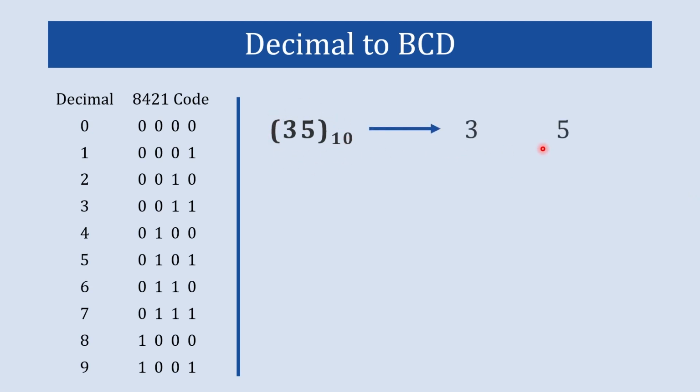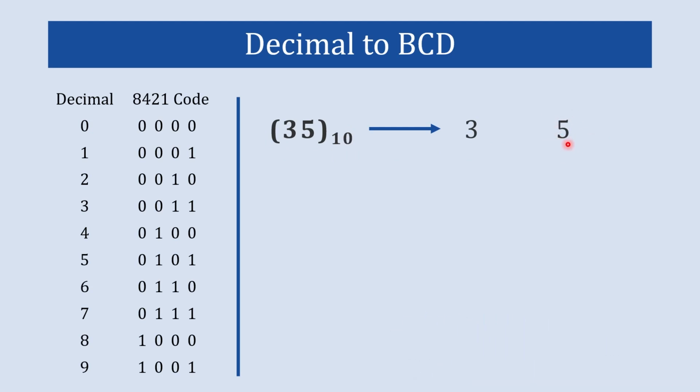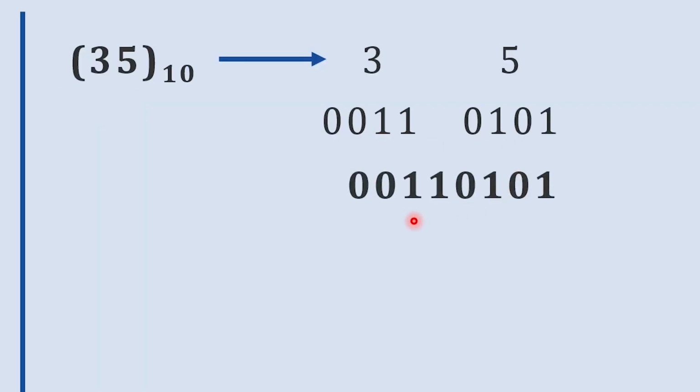First we'll write the 3 and 5 in this manner. We start with the 5. What is the BCD code equivalent to 5? That is 0101, so we'll write 0101 here. And what is the BCD code equivalent to 3? That is 0011. Now we'll combine these two, and this will be the BCD code equivalent to the decimal number 35.